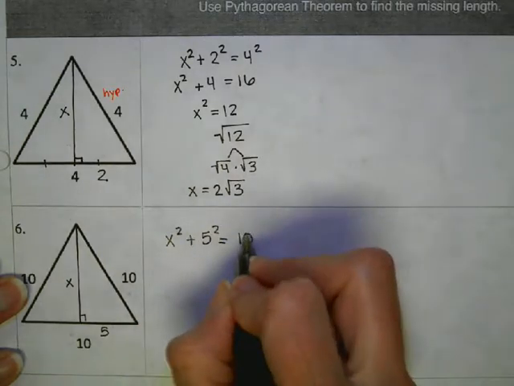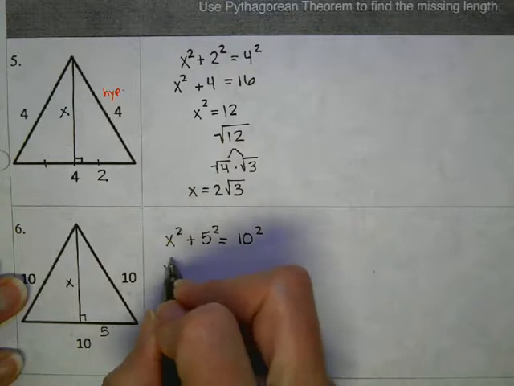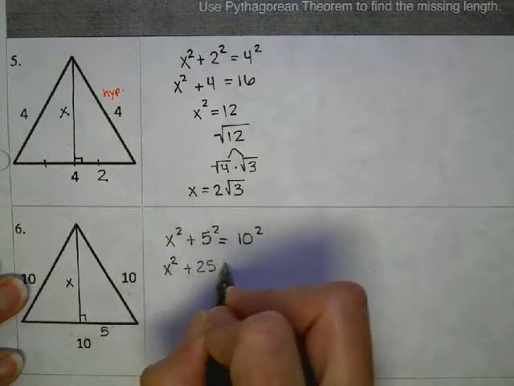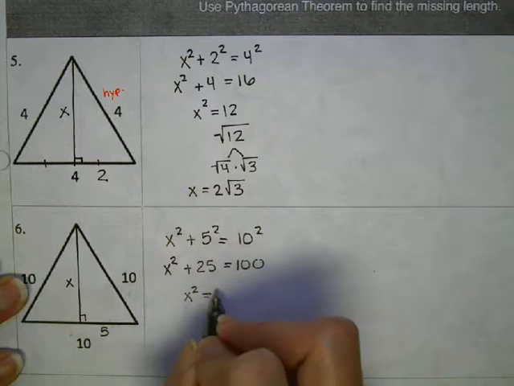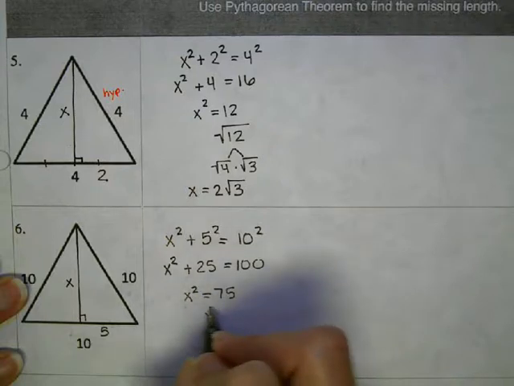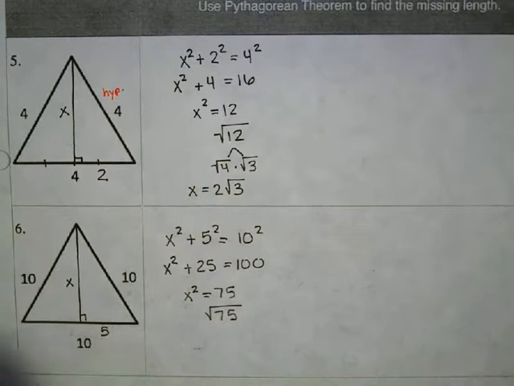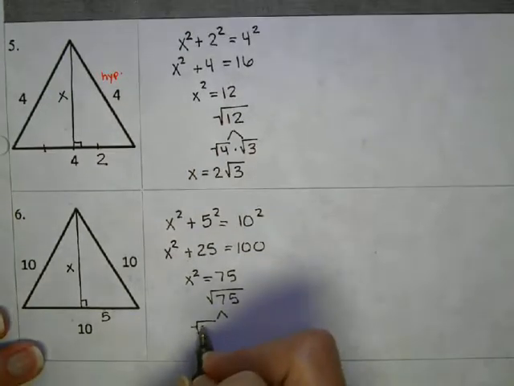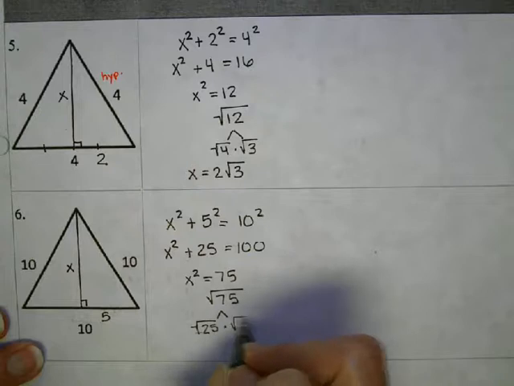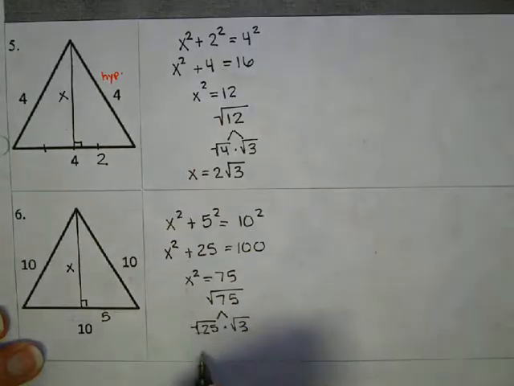So we'll square those numbers, subtract 25 to the other side. I'm going to square root 75 to get it by itself. 75 can be broken down to 25 times 3. Remember, you still have to square root the 25, so that answer would be 5 square root of 3.